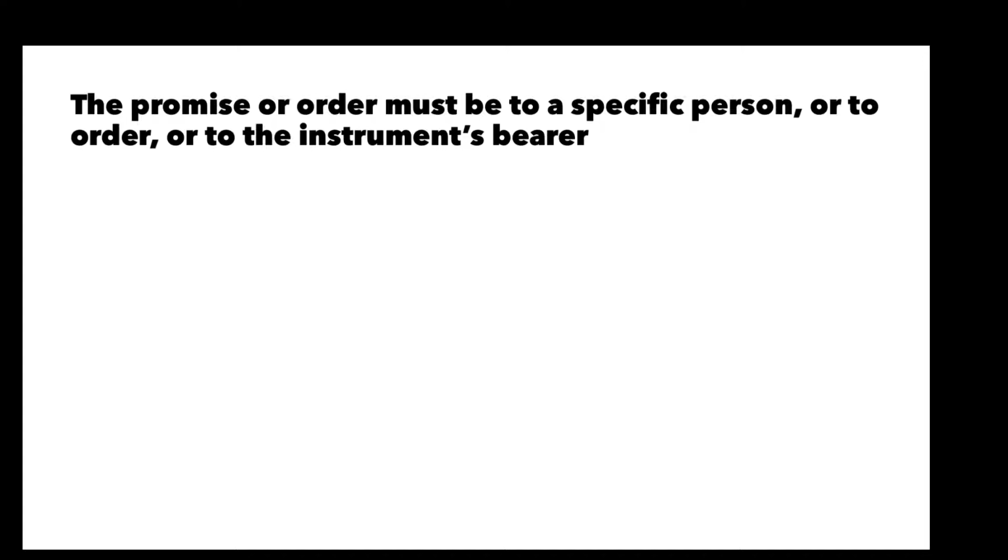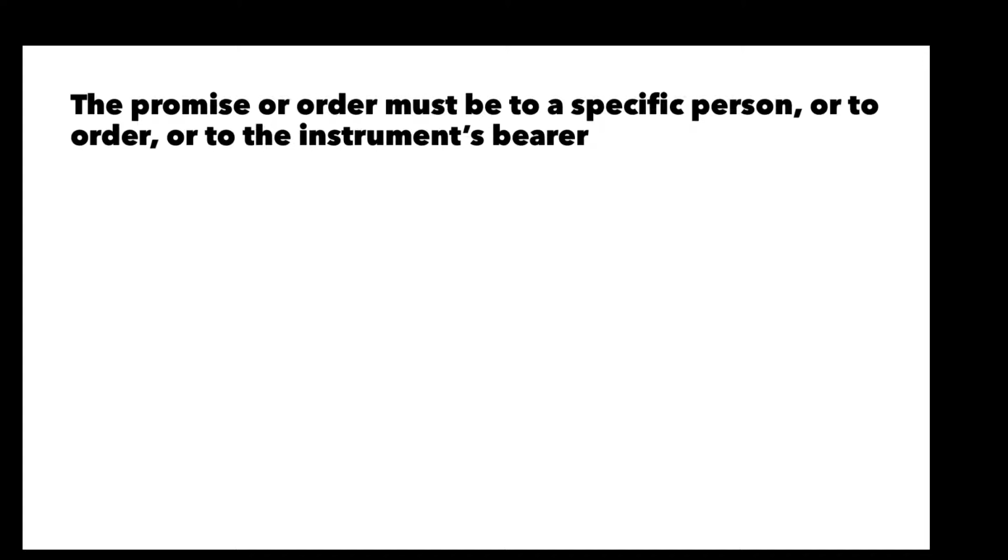Finally, the promise or order to pay must be made to a specific person or to the instrument's bearer, because one of the functions of a negotiable instrument is to serve as a substitute for money. Freedom of transfer is essential, and the instrument must indicate on its face that it is created to be transferred. And how do we do this?